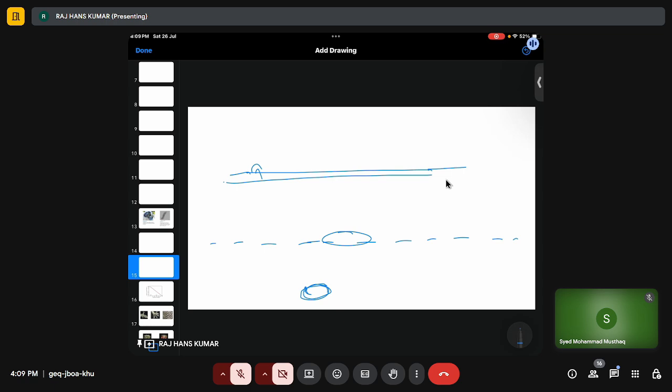We all know, we have studied physics in 10th and 12th. When you go down in depth, when you reach the bottom, the pressure will increase, right? The rho g h term, I guess everyone knows.